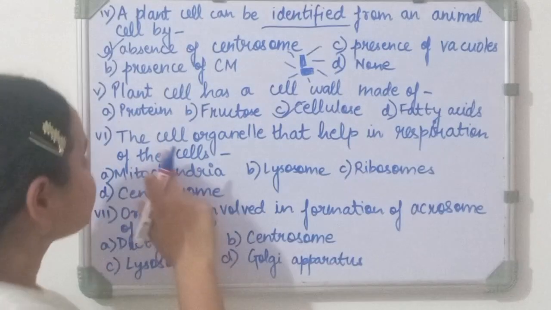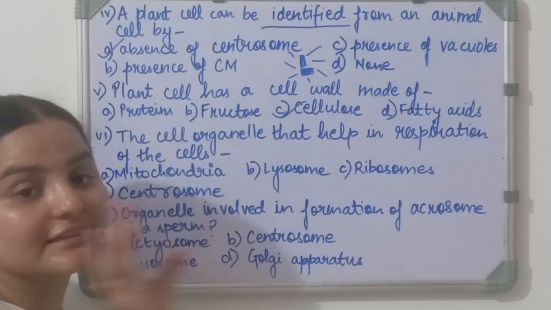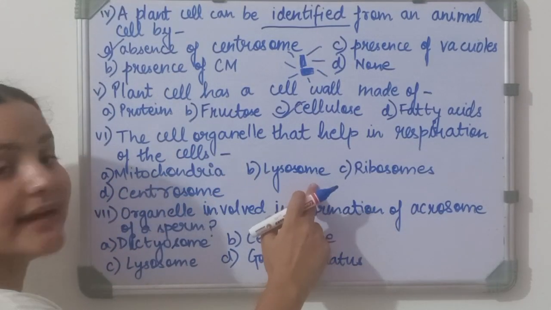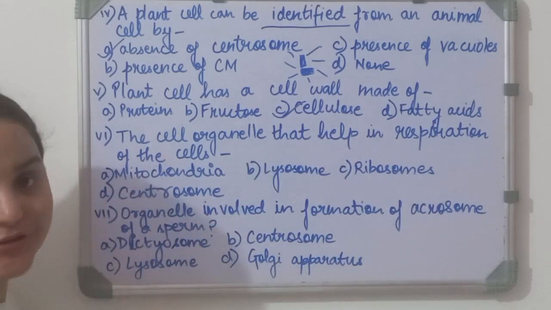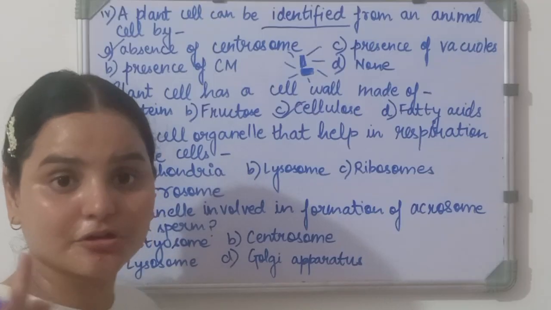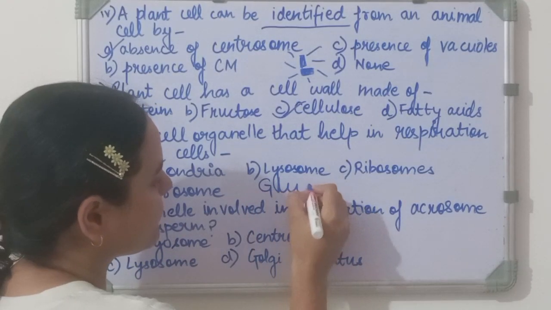Okay, now the cell organelle that helps in respiration of the cells. Okay, option A, mitochondria, option B, lysosome, option C, ribosomes, option D, centrosome. So which organelle was helping in cell respiration? You remember this point. Our food means glucose.